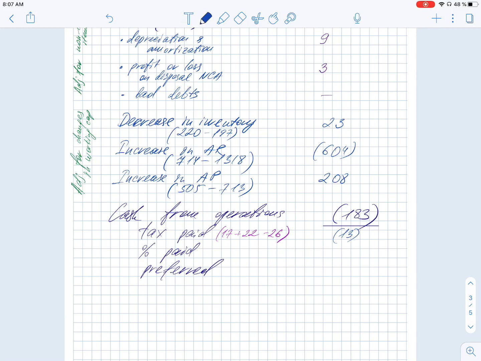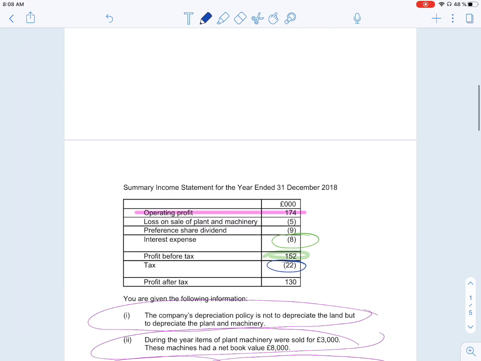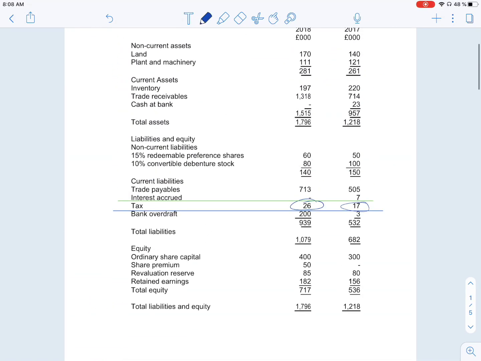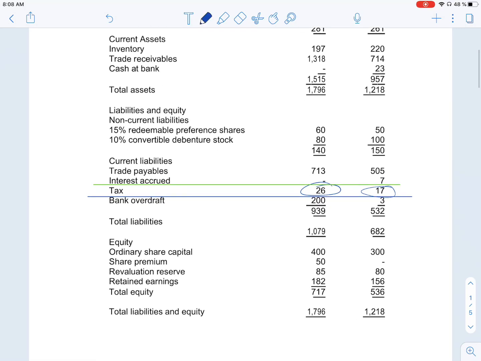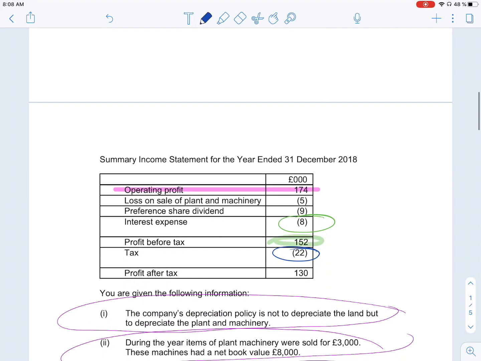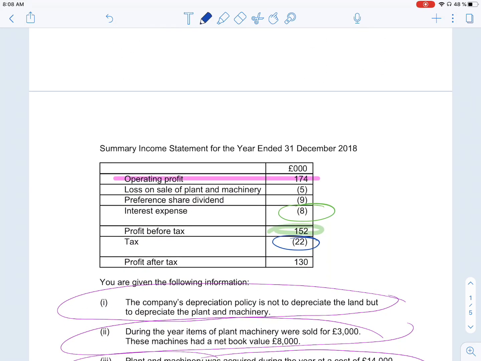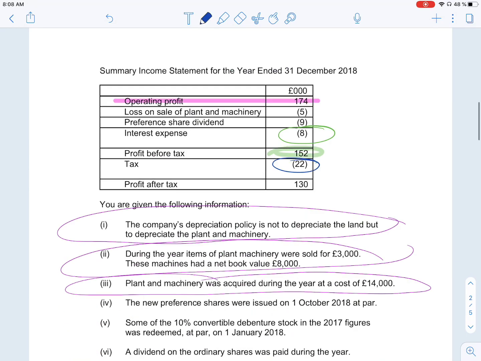The same logic should be used with the interest paid. With the green line, I've highlighted interest accrued in the statement of financial position. The company owed 7 at the beginning and 0 at the end. During the year, interest expense was 8, but since the current liability on interest equals 0, we can assume that the total amount was fully repaid during the year.